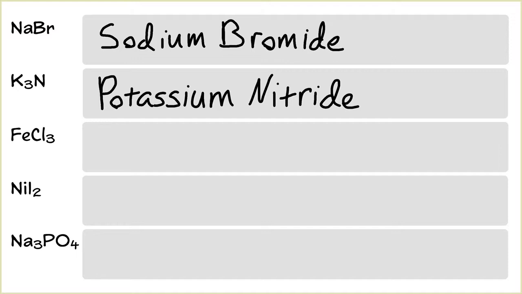Okay, well, here we've got a special one. We've got a metal and a nonmetal, but the metal is a transition element. So what we need to do is figure out what the charge on the iron is. Iron has some charge. We'll just call that X. However, we do know what the charge on the chloride is. Chlorine is always a -1. And we've got 3 of them.